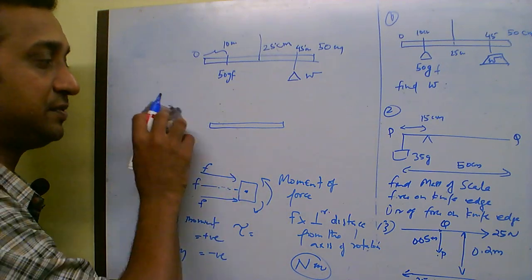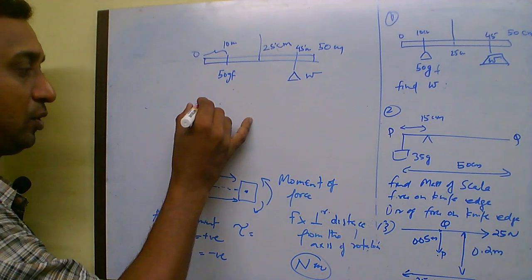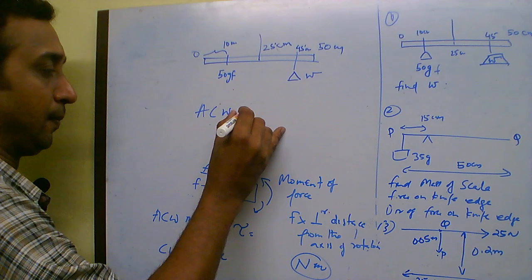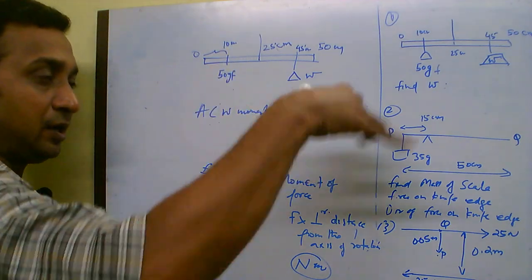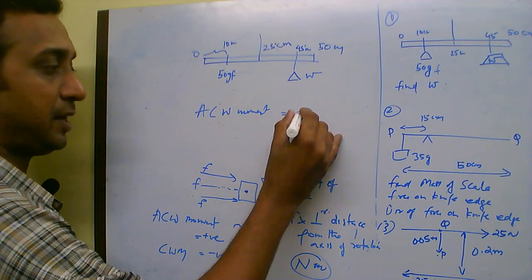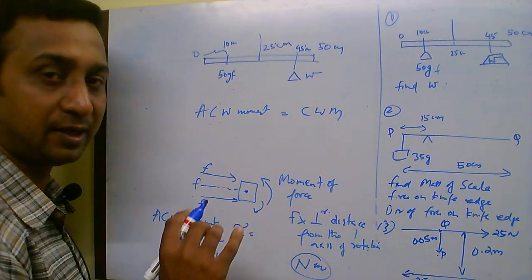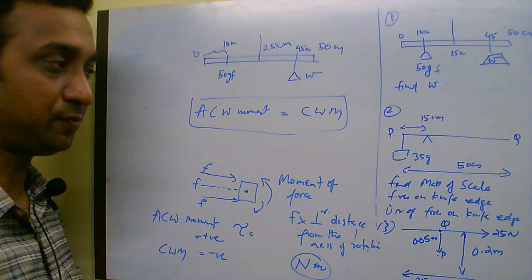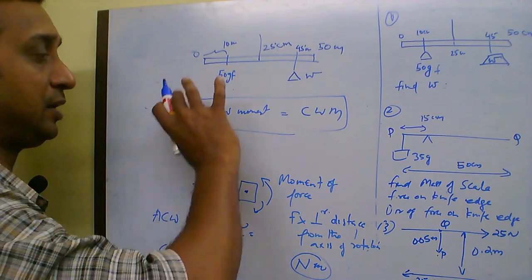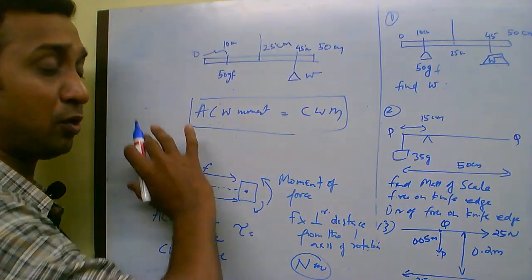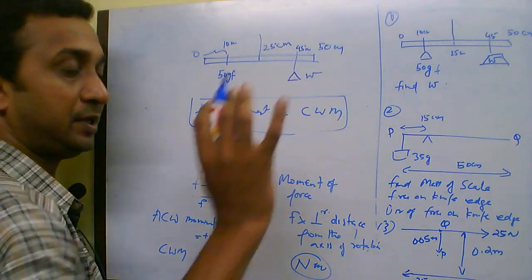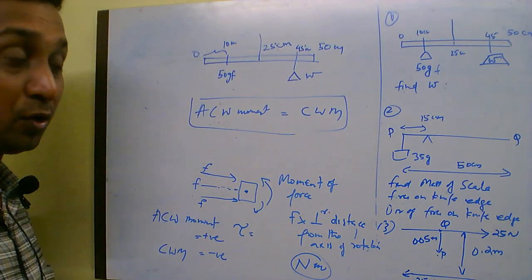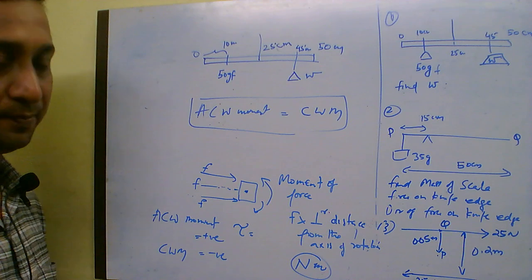In that case, we will say that the anti-clockwise moment, which may turn it in the anti-clockwise direction, is balanced by the clockwise moment. That is why the body is in equilibrium, and this is what we mean by the principle of moment. So when an anti-clockwise moment is balanced by the clockwise moment, the body is said to be in equilibrium, rotational equilibrium rather.